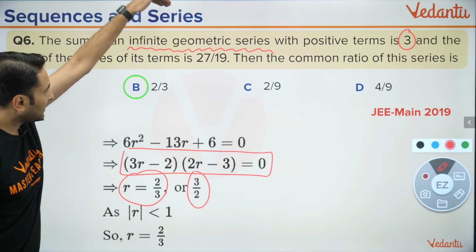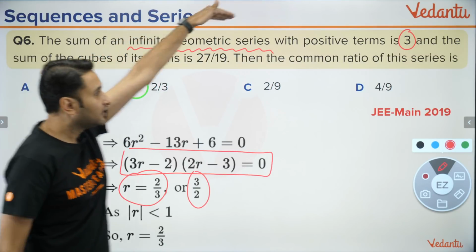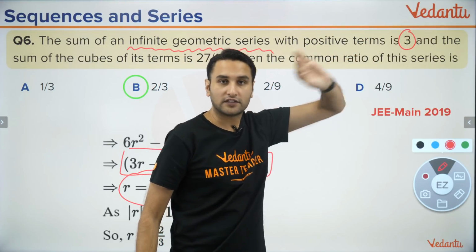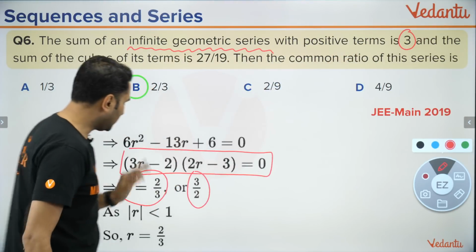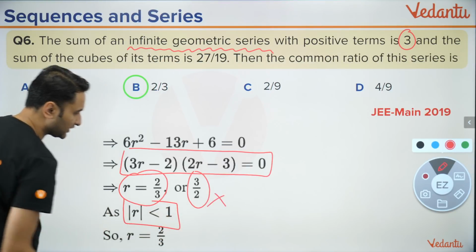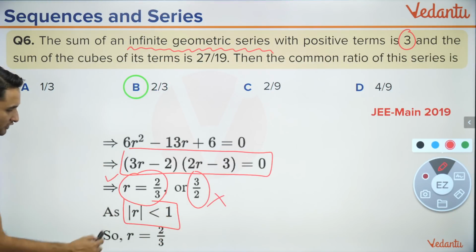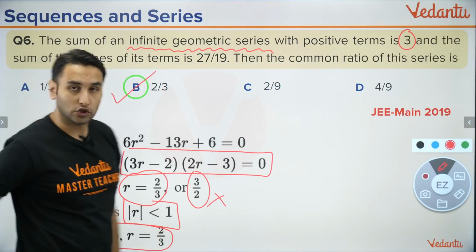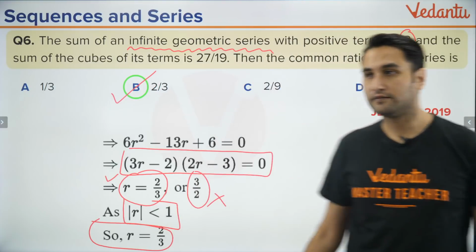So for an infinite geometric series to get a finite value, it is only possible when r is less than 1. So this gets rejected. This is your answer. बच्चों आंसर हो जाएगा 2/3. Answer is 2/3, not 3/2. Got it?